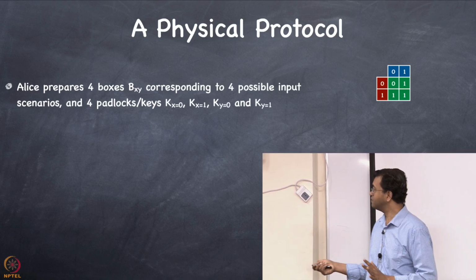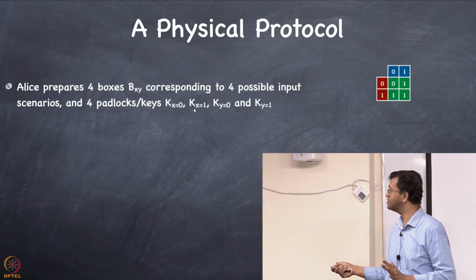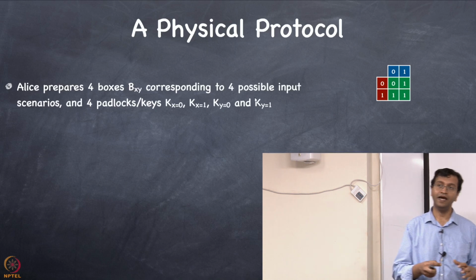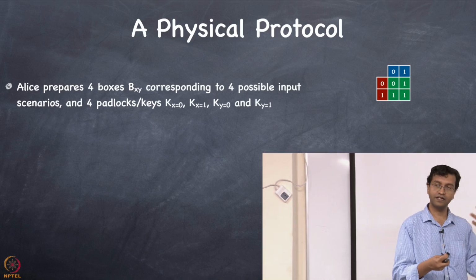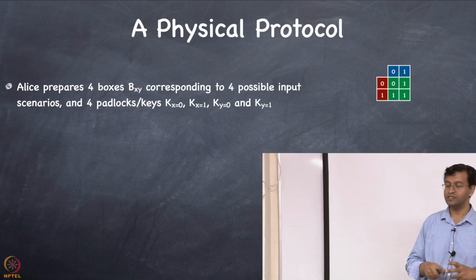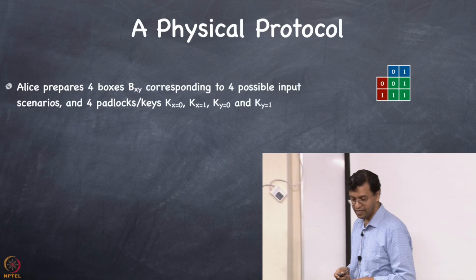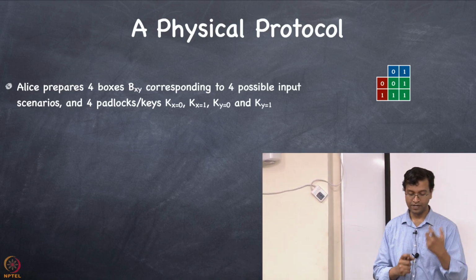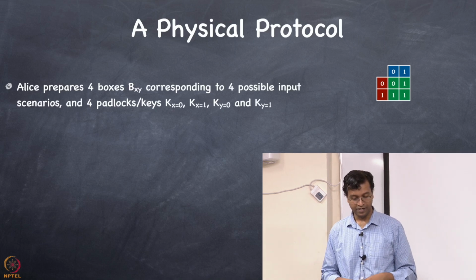So a key labeled x equal to 0, x equal to 1, y equal to 0, y equal to 1. And each key comes with a lock, right? This key can open that lock. It's a padlock, right? You can put it on any box.